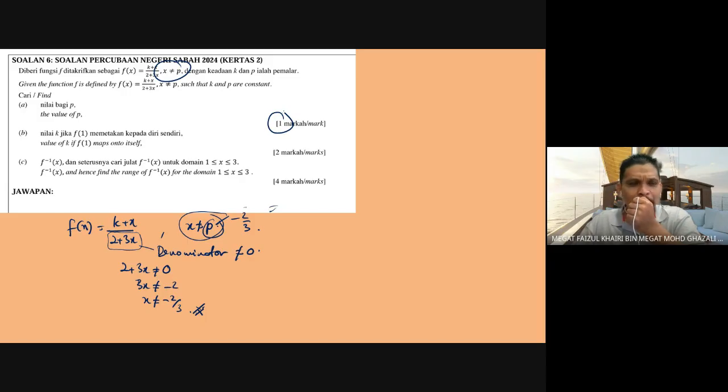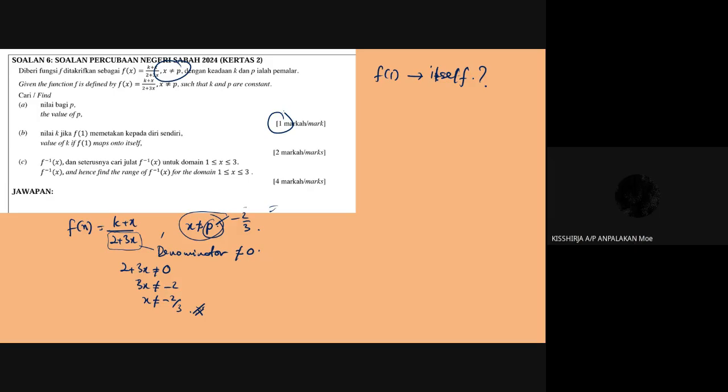It says, find the value of k if f inverse of 1 maps to itself. What is the meaning of f(1) maps to itself? It means x is 1, and 1 equals k plus 1 over 2 plus 3 times 1.